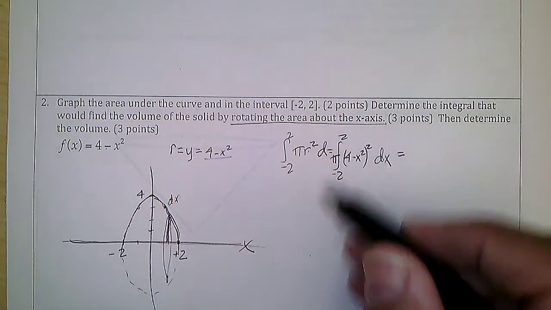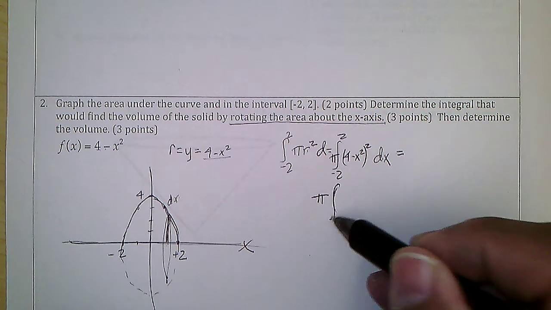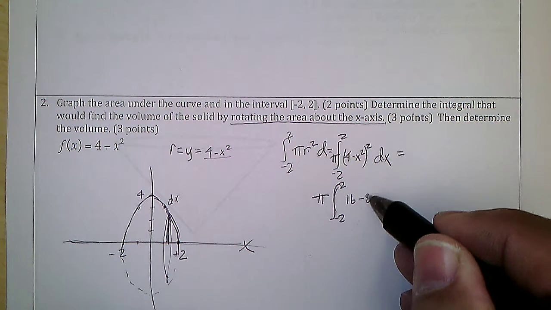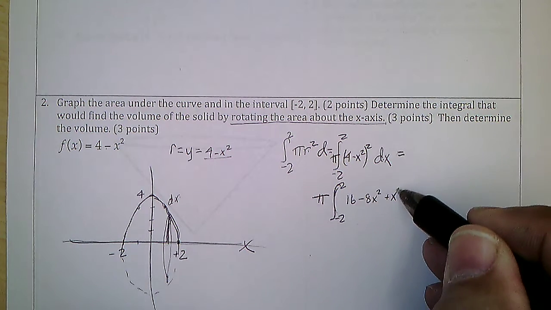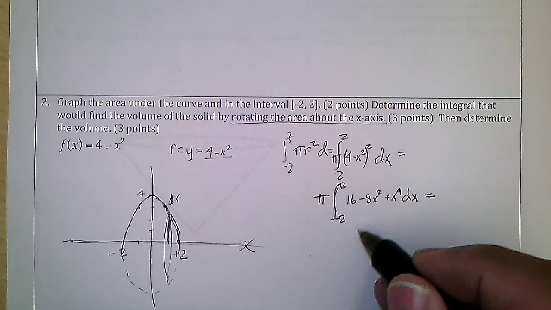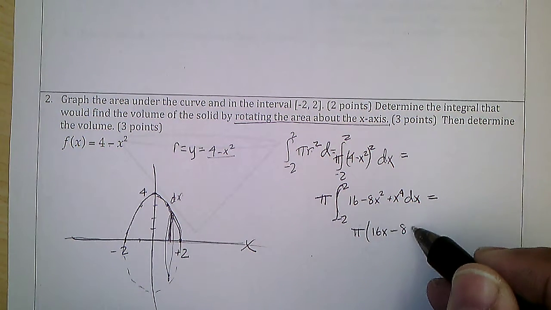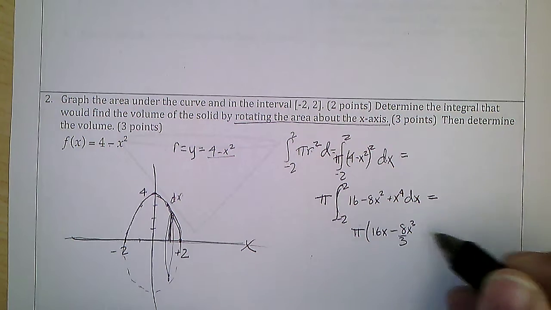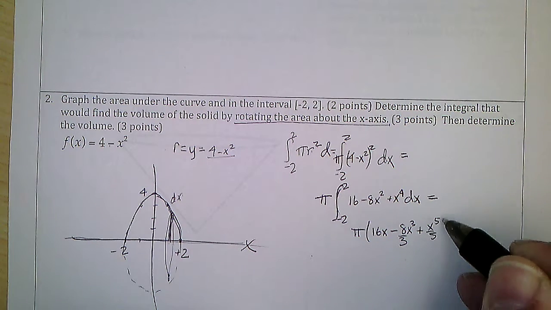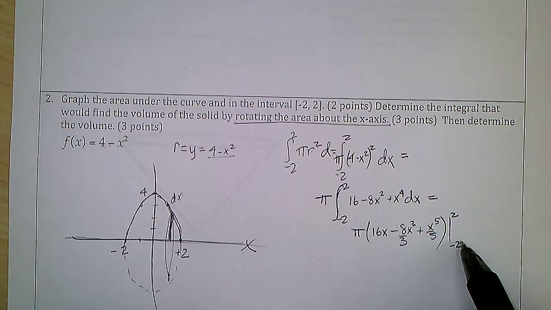So it's going to become pi times the integral from -2 to 2. This squared is going to be 16 minus 8x squared plus x to the 4th. And when I integrate that, it's going to be pi times 16x minus 8x to the 3rd over 3 plus x to the 5th over 5, evaluated from -2 to 2, or double this and go from 0 to 2.